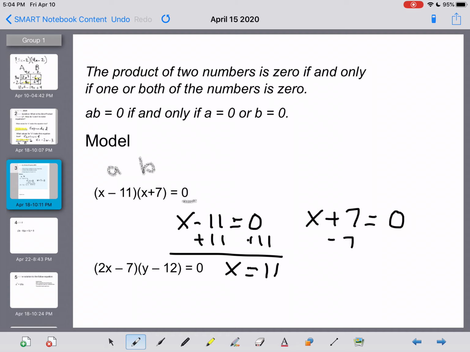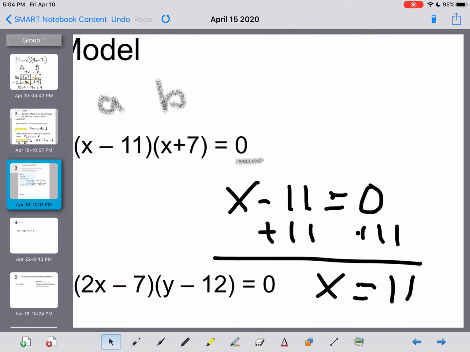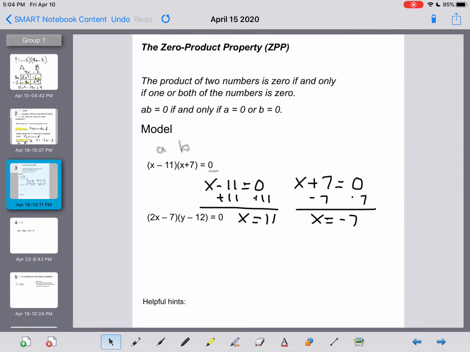Over here, I subtract 7 on both sides. This is x equals -7. So the solution to this equation is x could equal 11 or x could equal -7. So let's move on to the one below it.